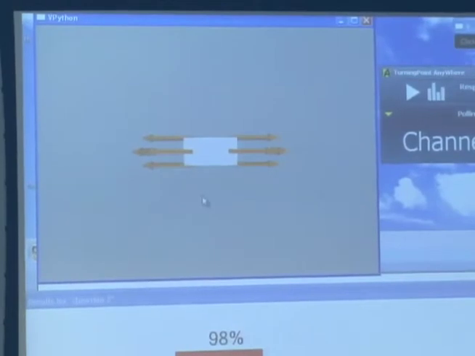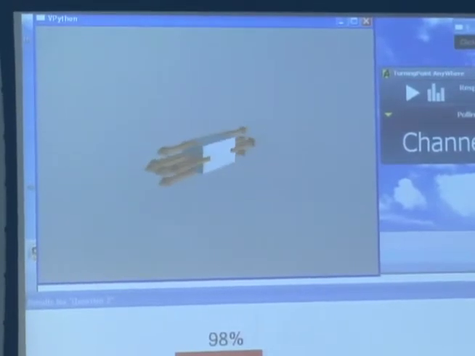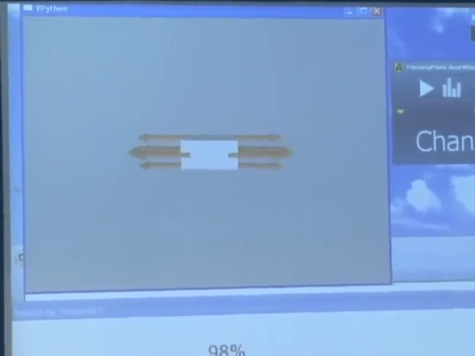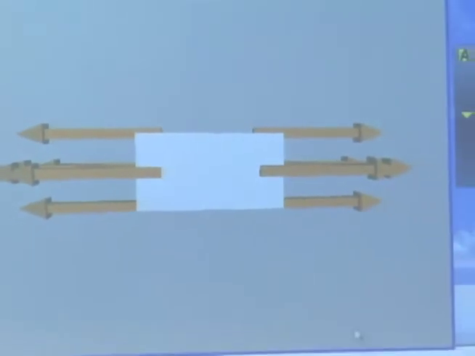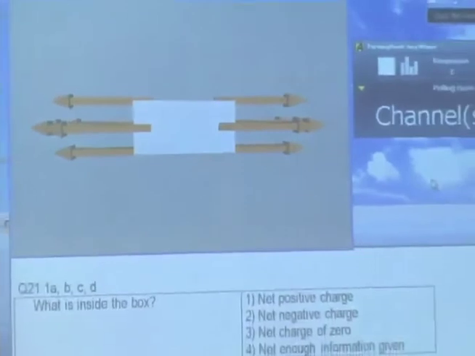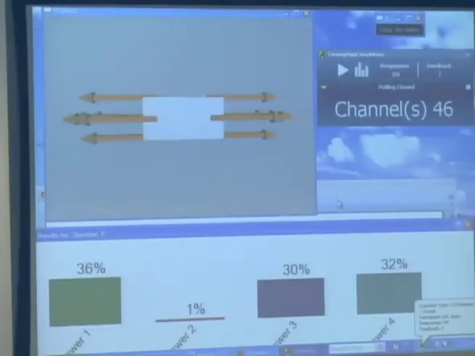What's inside the box? Here we have some electric field pointing one way, and on one side, perpendicular to that surface and parallel to the lateral surfaces, and then pointing the opposite way on the other side. What's inside the box? Oh, a bit more disagreement this time.